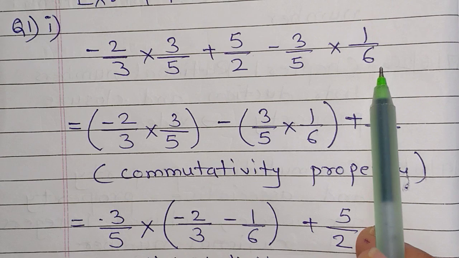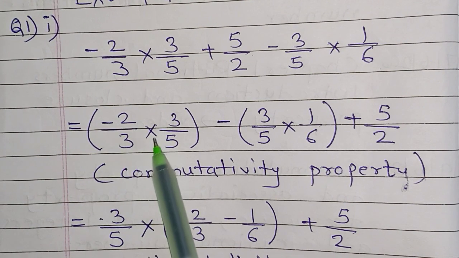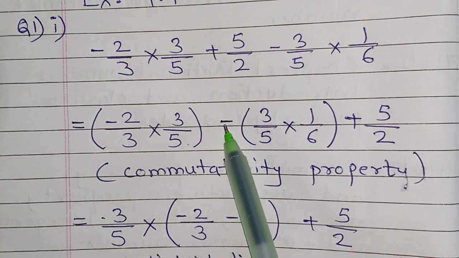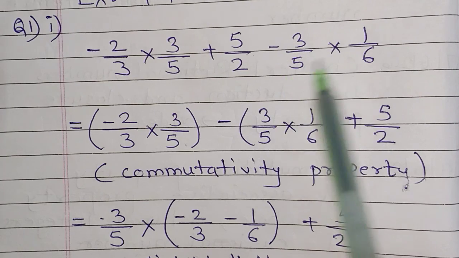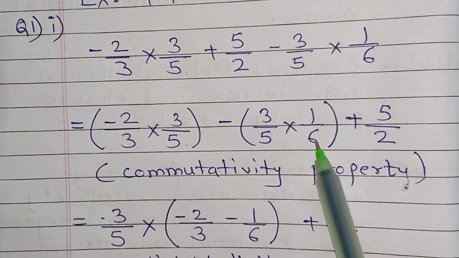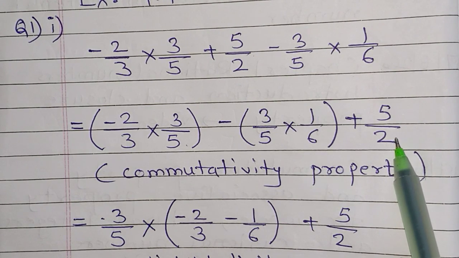Now I will write some numbers together, like minus 2 upon 3 into 3 upon 5 into 1 bracket, then minus sign, and I will put a bracket to this. So it is 3 upon 5 into 1 upon 6 plus the remaining 5 upon 2, I have written here.